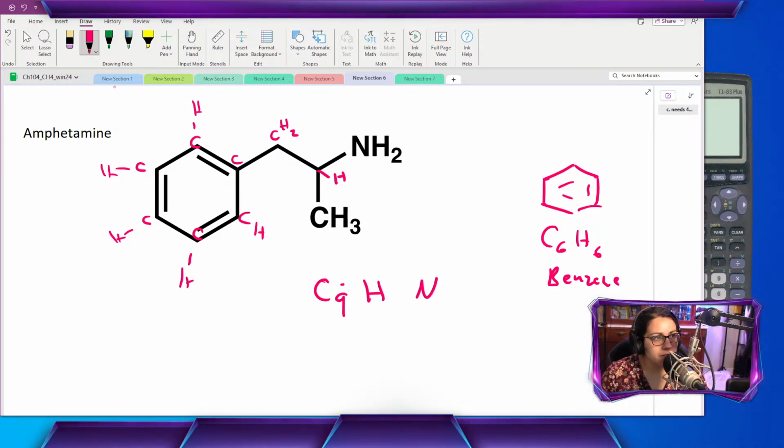And now hydrogen. Each one of these carbons has a hydrogen, except this one, since it already has 4 bonds. So 1, 2, 3, 4, 5, then 6, 7. Don't forget this hydrogen here, 8, 9, 10, 11, 12, 13. Appreciate how the hydrogens on the nitrogen are explicitly drawn.